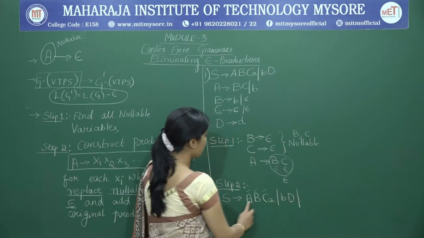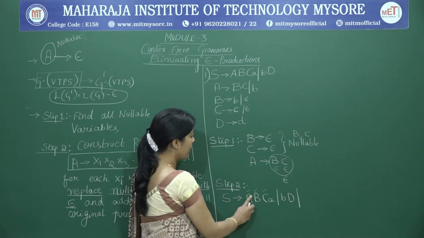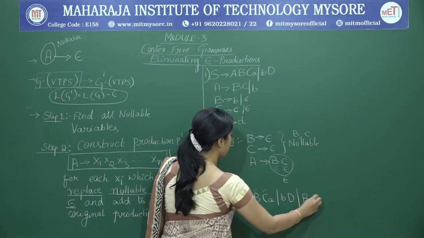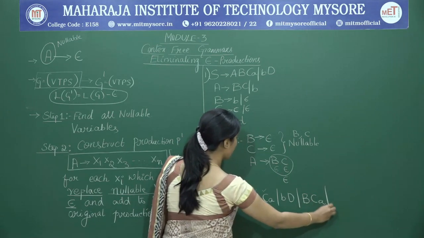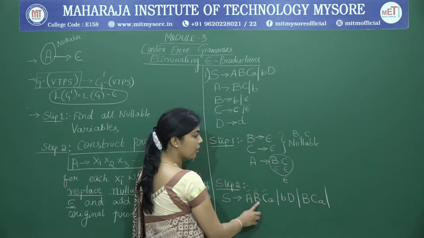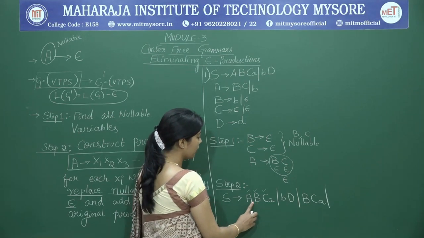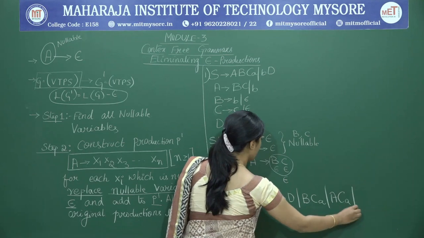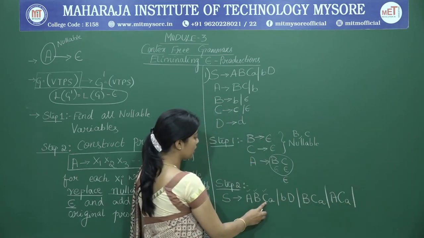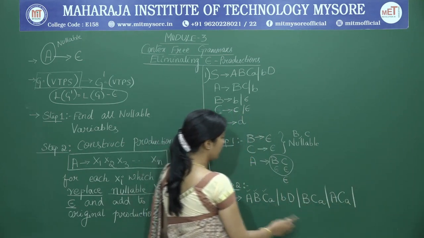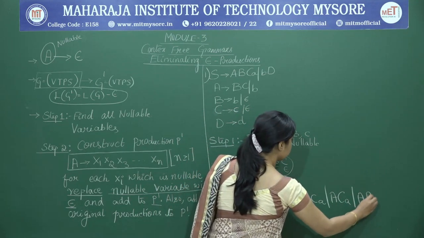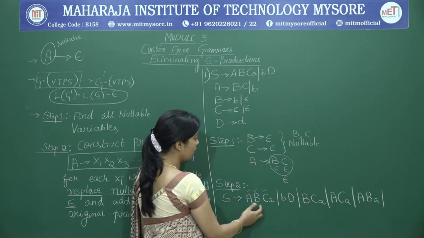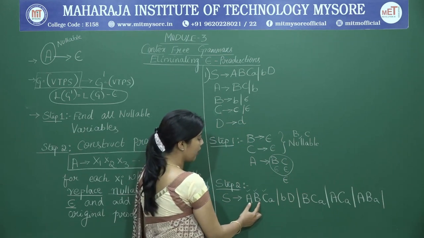So first time, if I put epsilon in place of A, the production that I get is BCA. Next, if we put epsilon in place of B, then we get ACA. Next, if we put epsilon in place of C, then we get ABA.